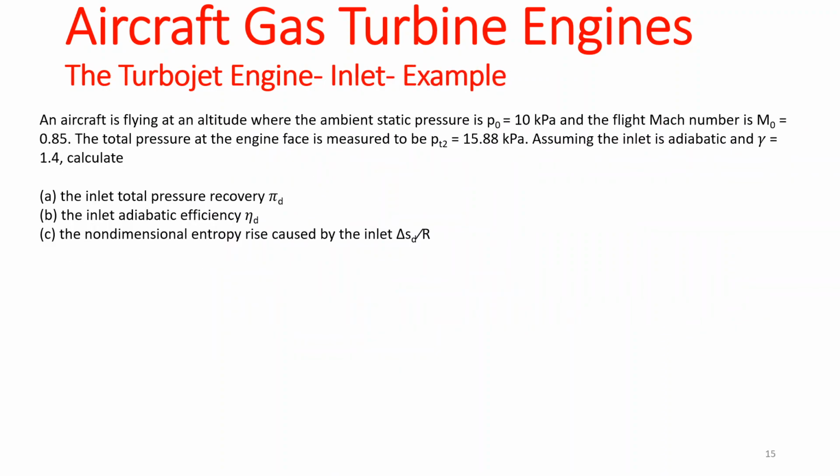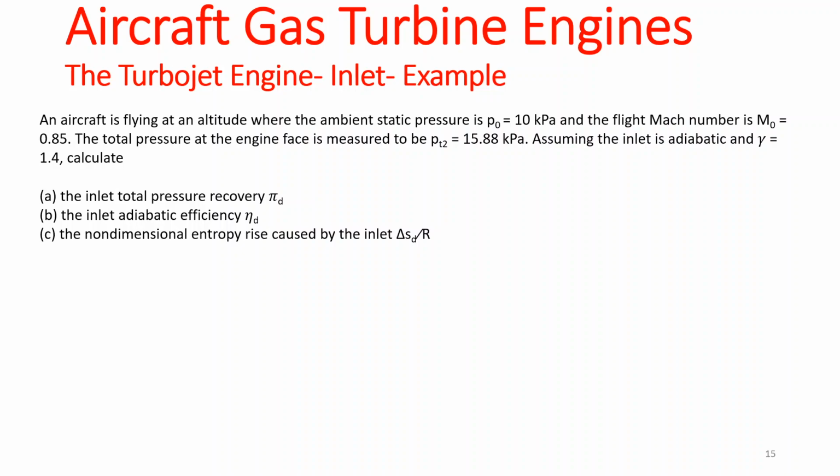Okay. So let's try to solve an example together. Let's try to solve this one. It's telling us an aircraft is flying at an altitude where the ambient static pressure is 10 kilopascals, and the flight Mach number is M0 = 0.85.